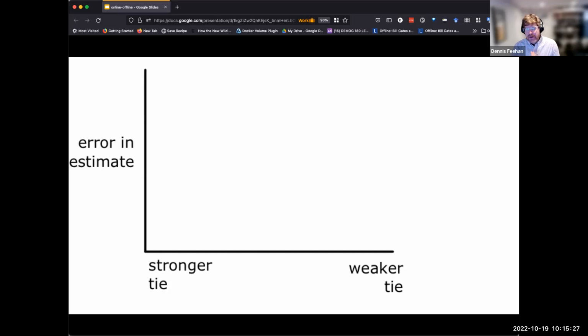So an important question is, how should we think about what type of network to ask respondents to report about? There's previous research on social networks that has some theoretical predictions that can help us think this through a little bit. Many of you may have heard the idea that network ties or network relationships can be characterized according to their strength. So there's a spectrum between strong tie relationships, which are emotionally very salient and meaningful, probably on average involve more frequent interaction, and so on and so forth.